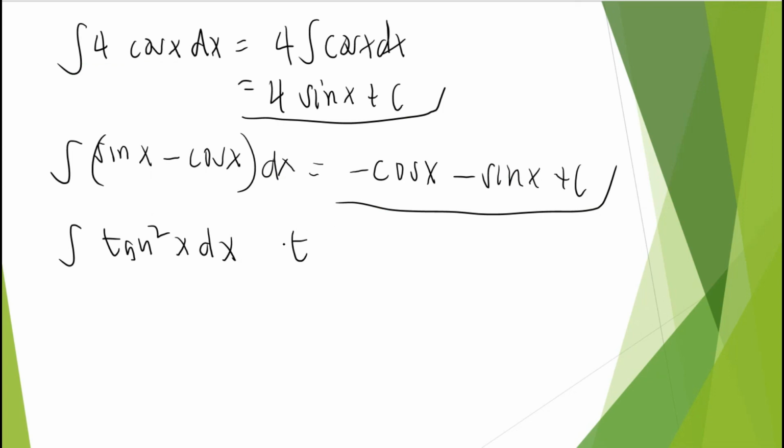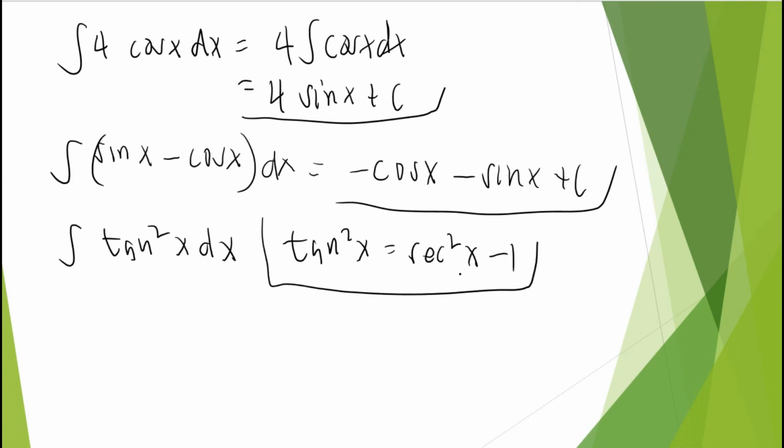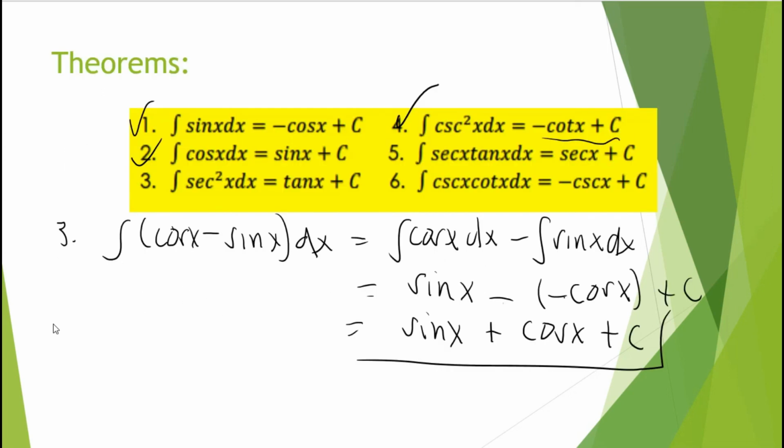Tangent squared x is equal to secant squared x minus 1. So, pwede siyang i-rewrite as secant squared x minus 1. Kasi yung secant squared, meron siyang formula dito, itong number 3.